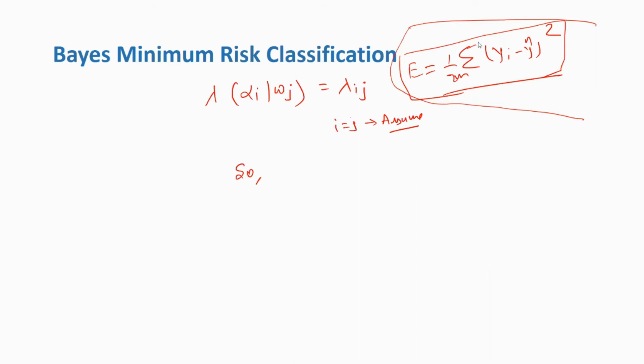If you take each and every error from all the observations, it will form a continuous curve, and that curve will have a function.